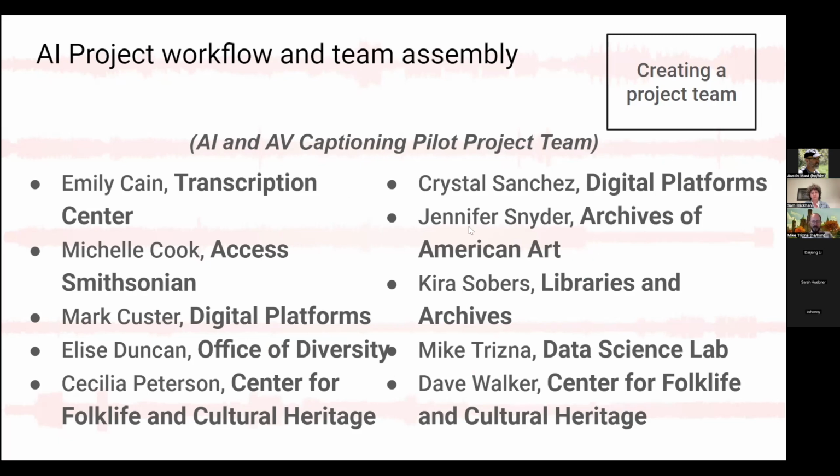And I wanted to highlight all of the people's names here, but I also really bolded the different affiliations within the Smithsonian to show that people were brought together, mostly led by Crystal Sanchez from the Smithsonian Digital Platforms team, to represent different aspects of the process, to represent different data sets, and different end users as well. So this is a great example. I've really enjoyed being a part of this project, of bringing so many different viewpoints together to iteratively check in on progress of a project.